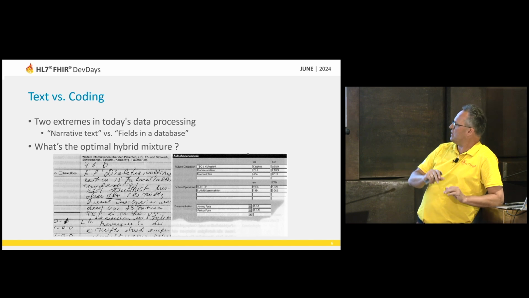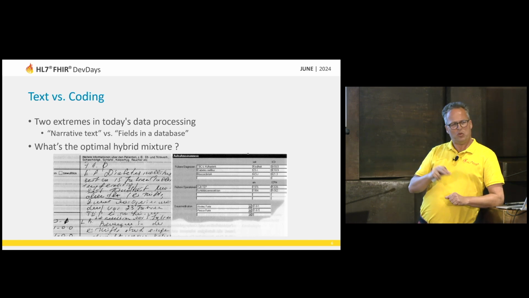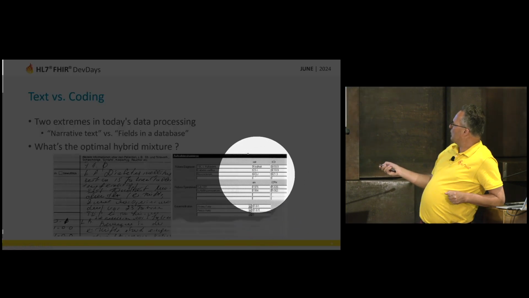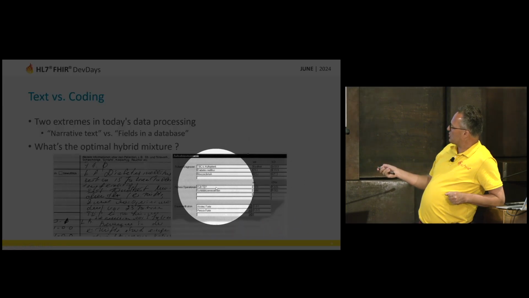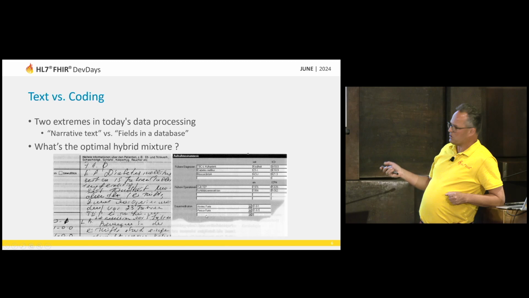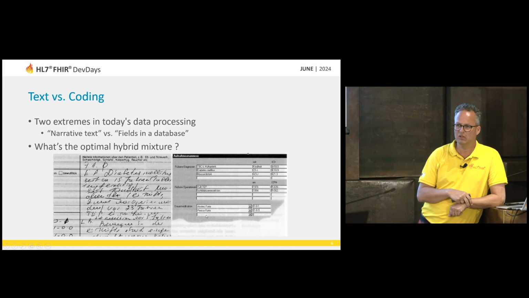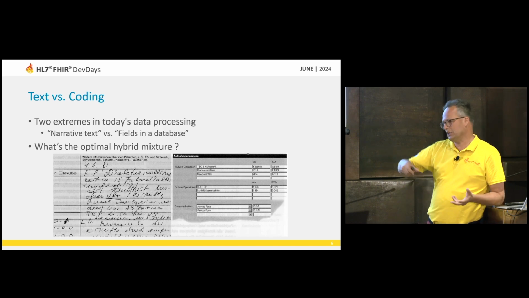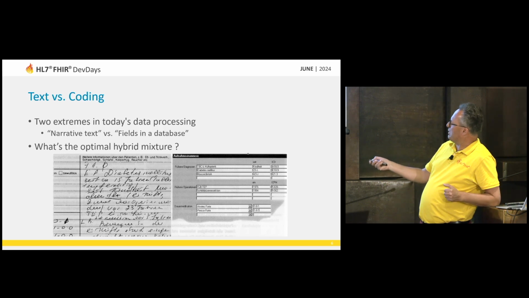But anyway, that is an aside. But if we do that as programmers, we go like, okay, we'll create this interface. Then the first thing that clinicians will say when they see this is, where's my text field? And they're right. You cannot code and structure everything. So as a programmer, you go like, okay, so I'll add a text field to here.